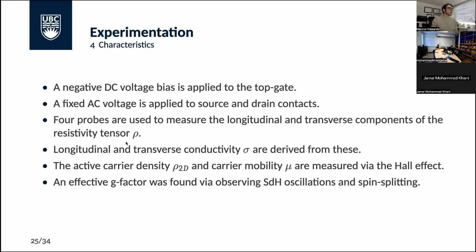These probes were also used to measure the longitudinal and transverse conductivity indirectly. The active carrier density and carrier mobility were measured via the Hall effect, and an effective g factor was found via observing SdH oscillations and spin splitting.